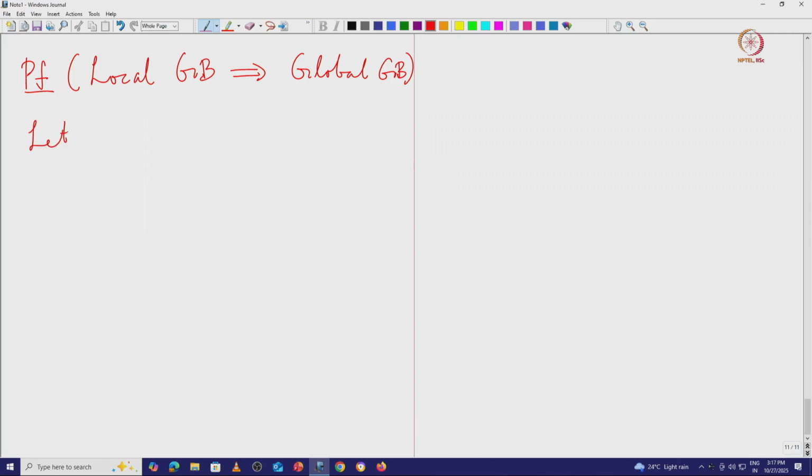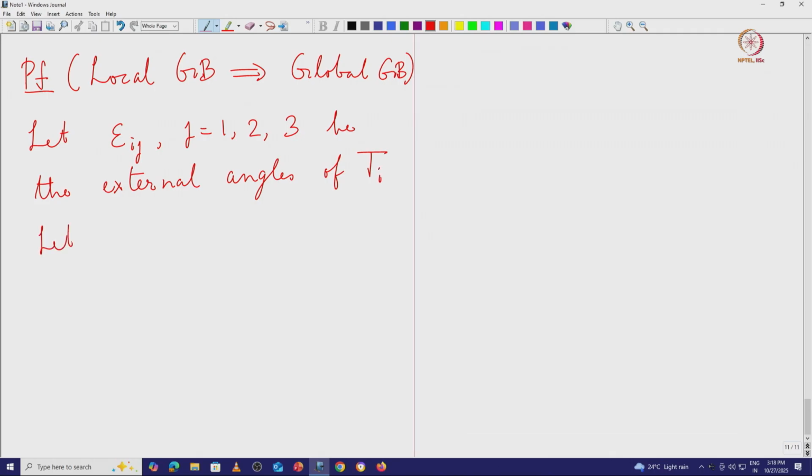Let epsilon ij for j equal to 1, 2, 3 be the external angles of the triangle Ti, okay, and let alpha ij, which is going to be pi minus epsilon ij, be the interior angles.